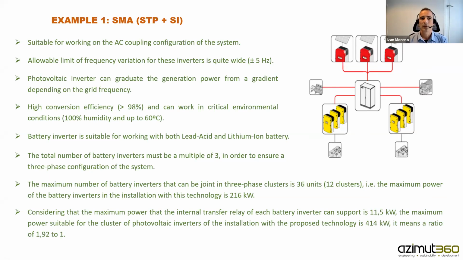This is suitable for working in AC coupling configuration. That is, they provide an AC line and other components can be connected to that AC line, such as grid tie inverters, for example.